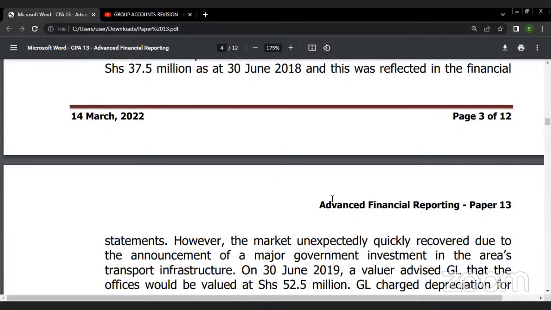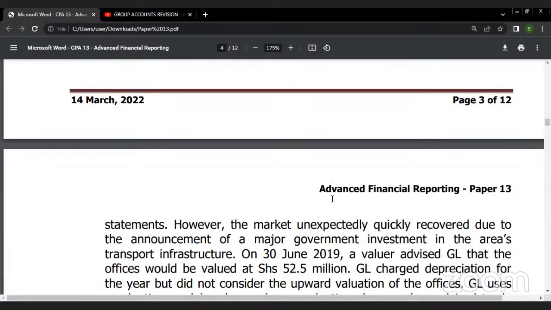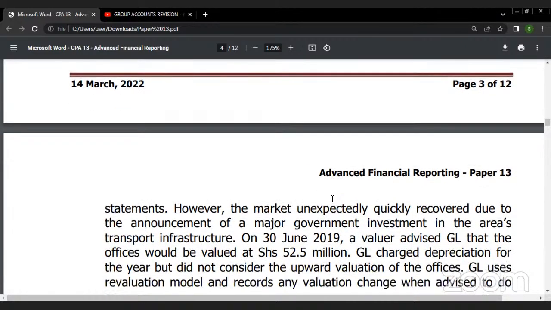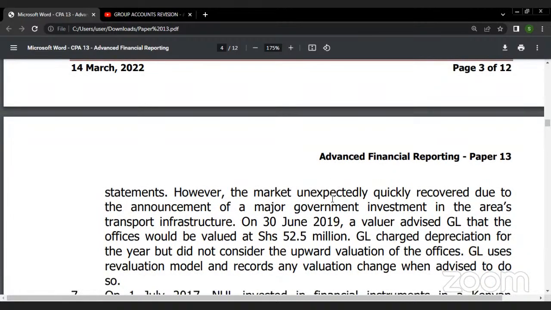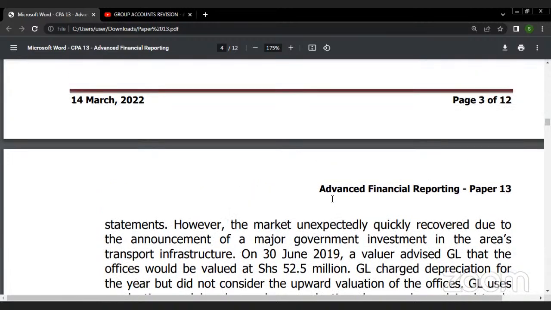On 30th June 2019, a valuer advised DL that the offices would be valued at shillings 52.5 million. DL charged the depreciation for the year, but did not consider the upward valuation of the offices. DL uses the revaluation model and records any valuation change when advised to do so.